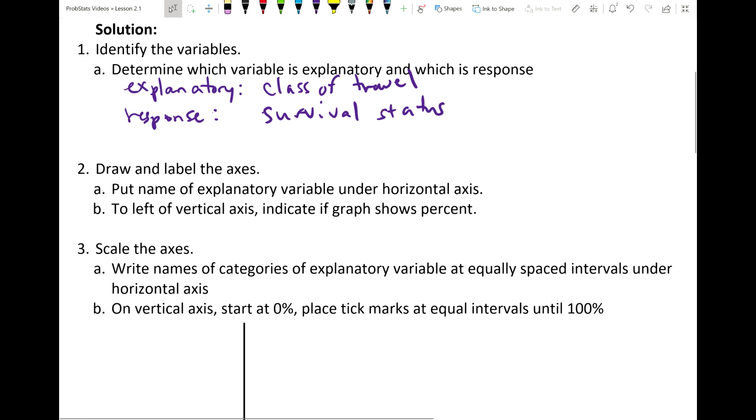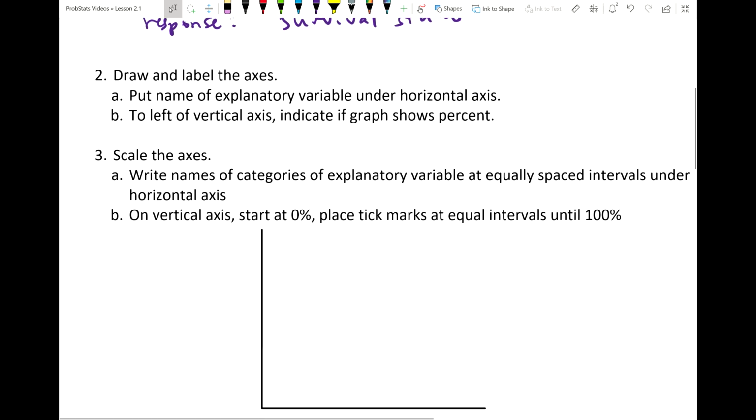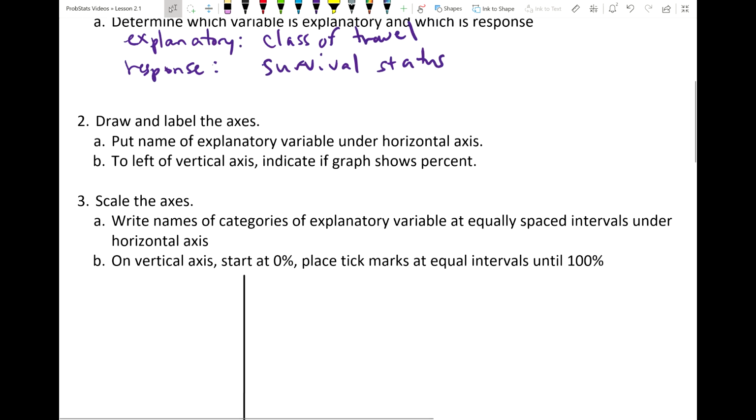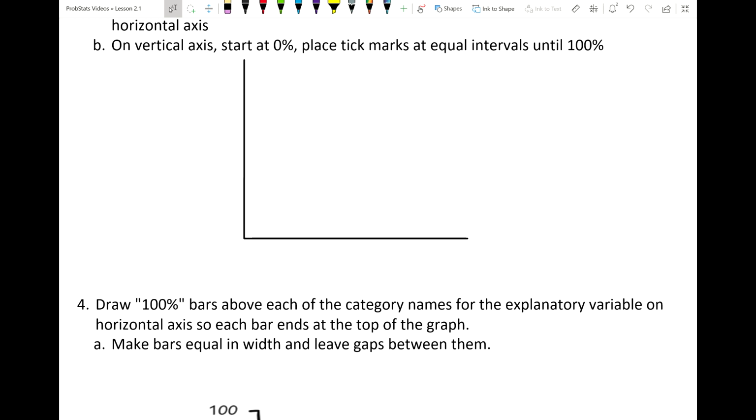Okay, so now draw and label the axes. We're going to put the explanatory variable on the x-axis and the response variable on the y-axis. So the name of the explanatory variable goes under the horizontal axis. In this case, class of travel is our x-axis.